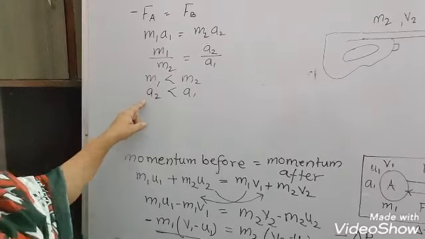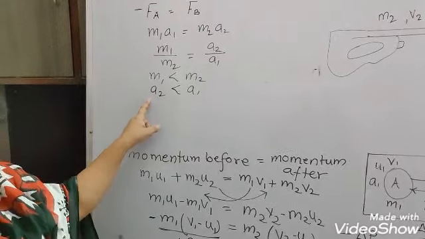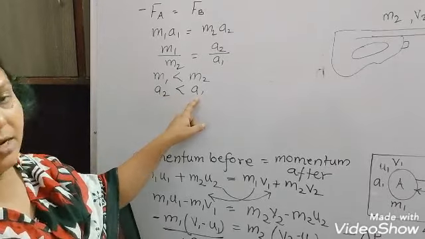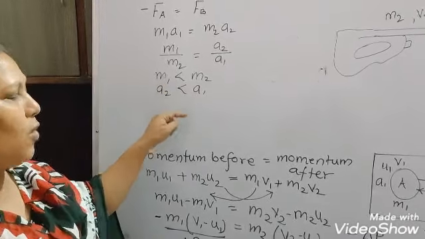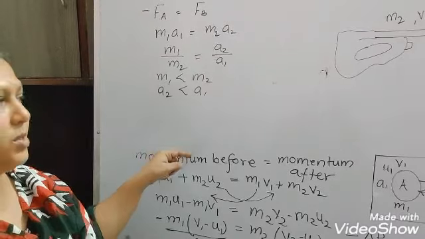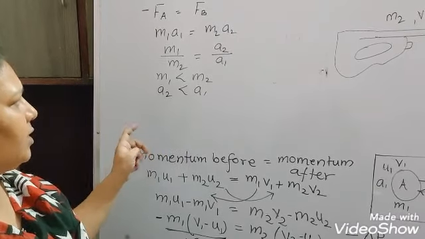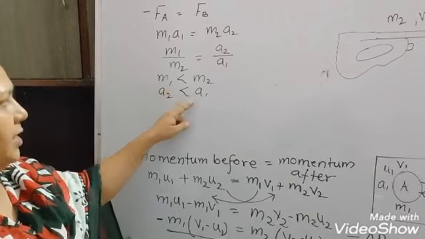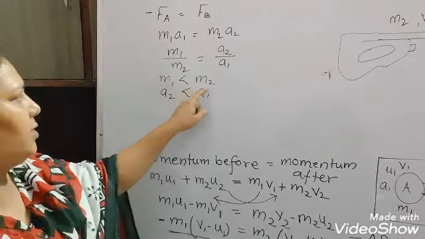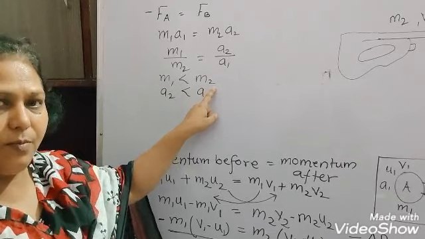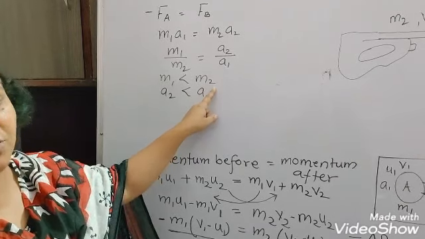That means the acceleration produced on the second body is less than the acceleration produced on the first body. So we can observe here that the acceleration produced on the lighter body will be more than the acceleration produced on the heavier body in the action reaction pair.